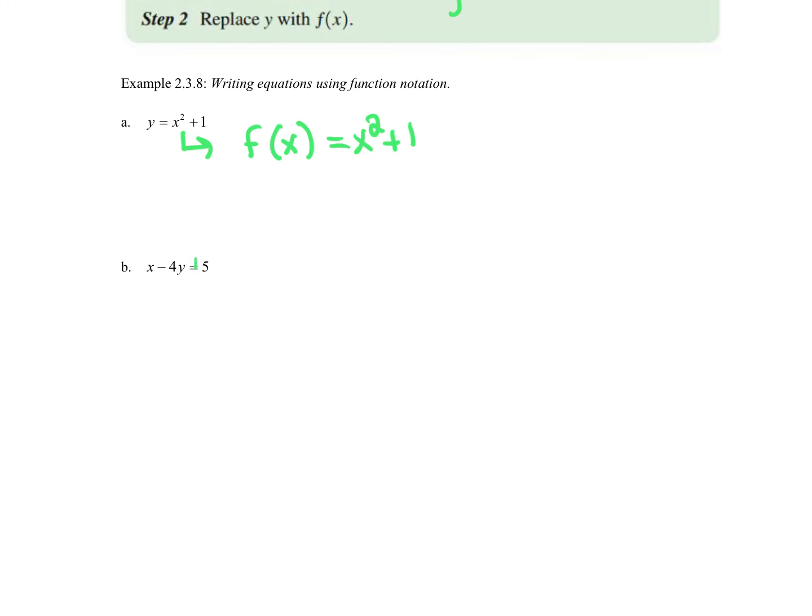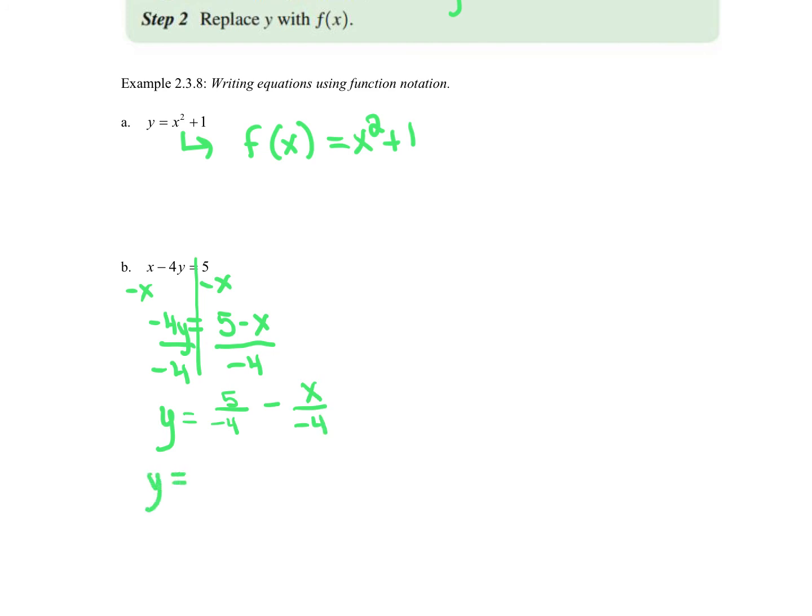So I'm going to move that x over. Divide everything by -4. So I'm going to write y equals, and I'm going to divide everything by -4. So I have 5 over -4 minus x over -4.